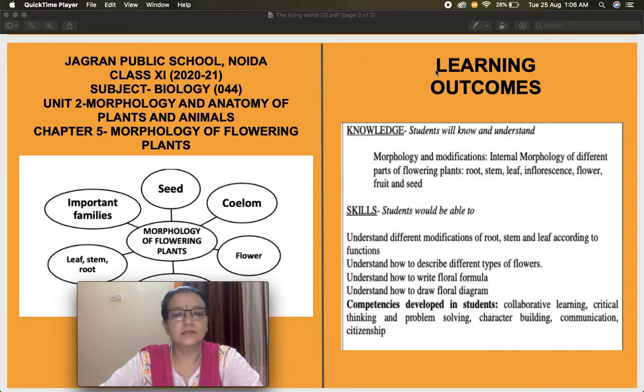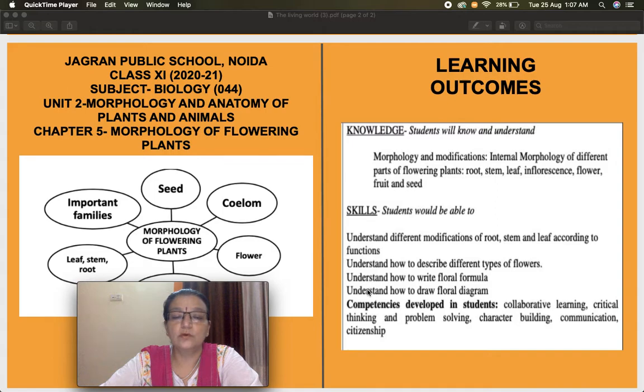After today's class, the knowledge based learning outcomes we are expecting are that you will be able to know and understand the morphology of inflorescence, specifically the morphology of flower, in which we will talk about the different parts of flower. The skill based learning outcomes we are expecting are that you will understand how to describe the different types of flowers and how to write the floral formula.